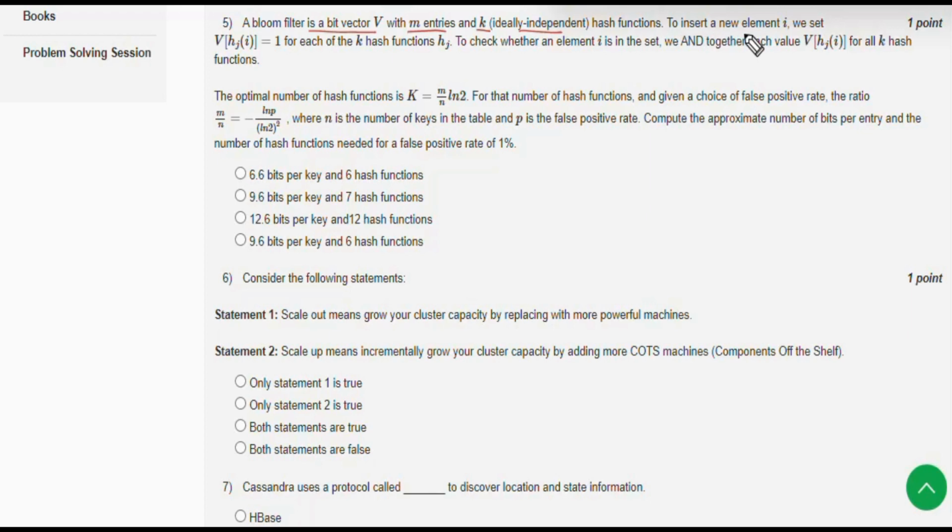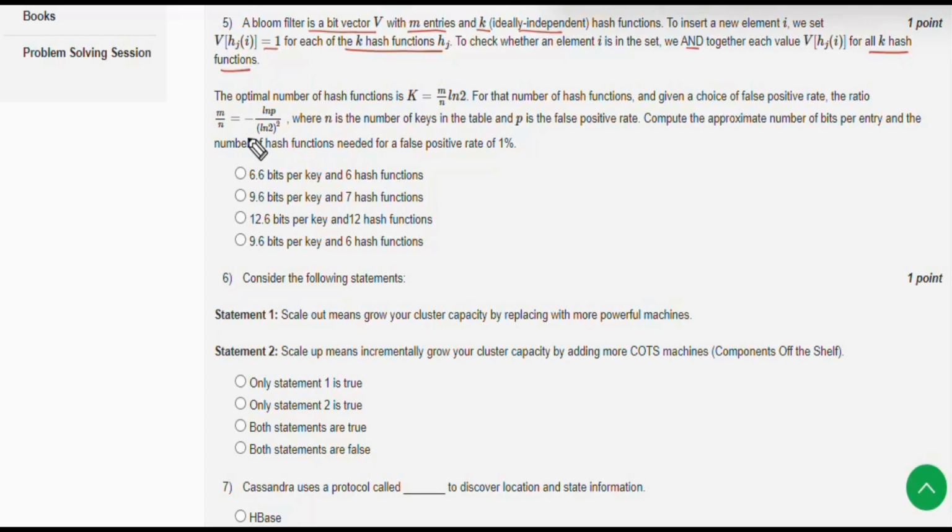To insert a new element i, we set V[h_j(i)] equal to 1 for each of the k hash functions h_j. To check whether an element i is in the set, we AND together the values V[h_j(i)] for all k hash functions. That is the condition, and we are also given the option here.